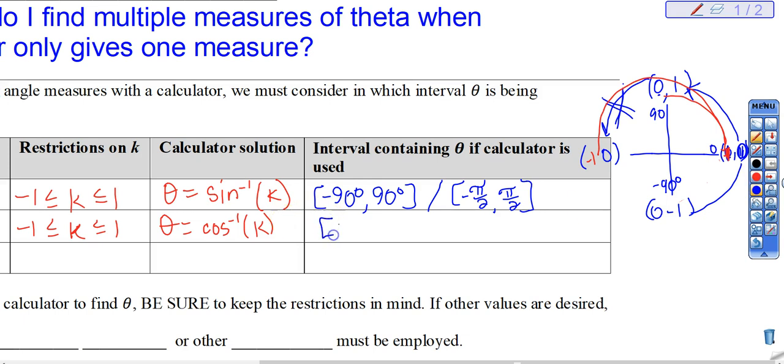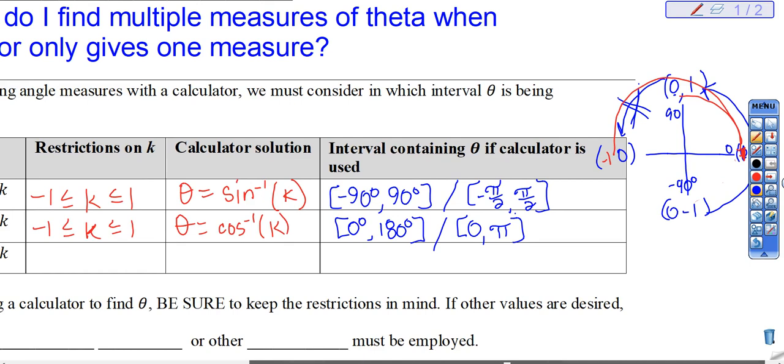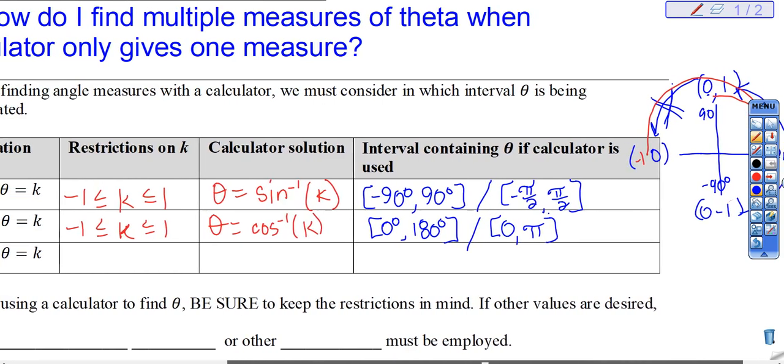So the calculator is giving you solutions in 0 degrees to 180 degrees only, or 0 radians to pi radians. That is where the calculator will give you solutions.